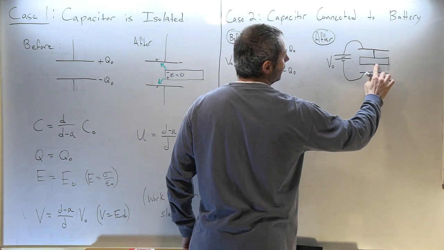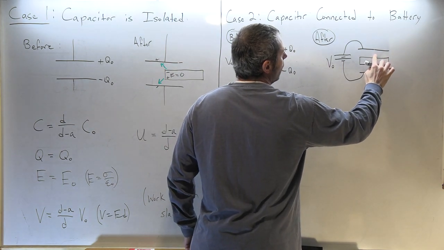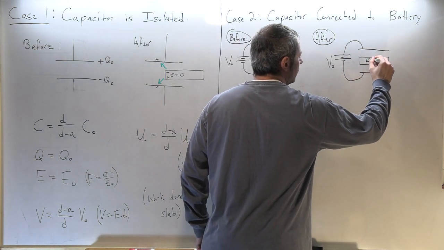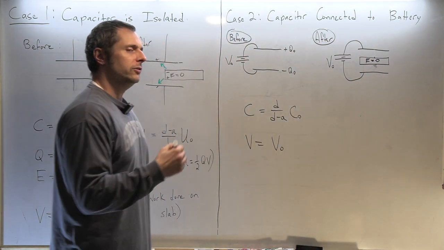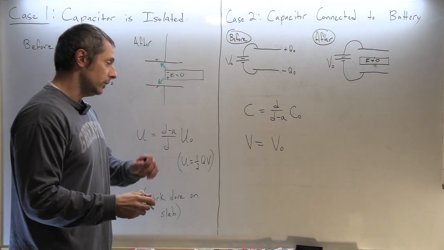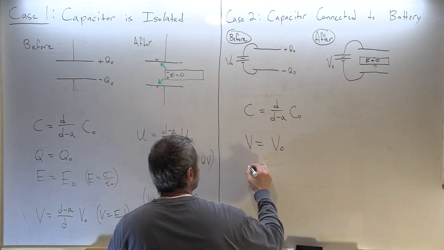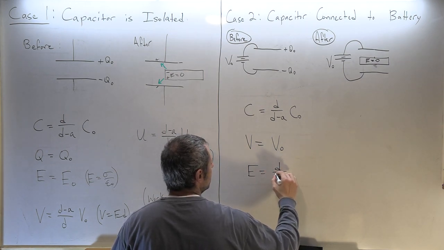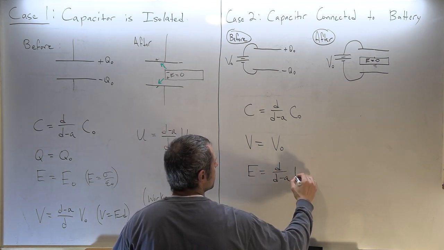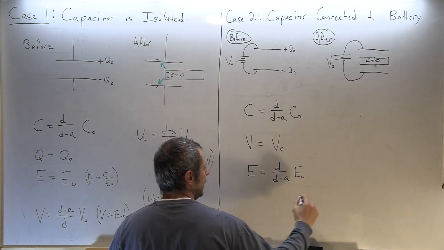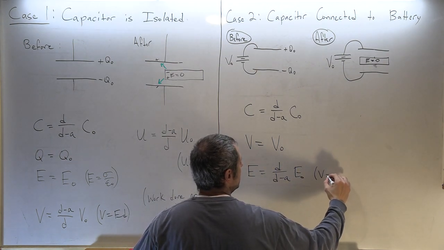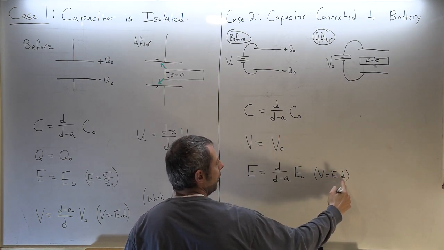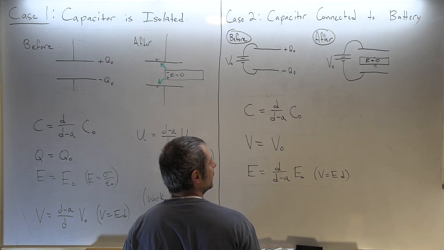So along these, with less distance over which that electric field can exist, because E here is 0, with less distance you need more electric field to accumulate the same voltage. So the electric field increased by this. And again, as I said, from V equals ED, we reason out: V stays the same, D got smaller, so E must have gotten bigger.